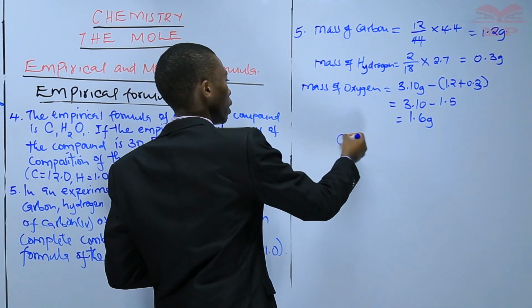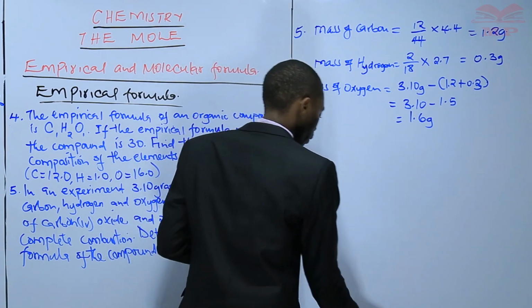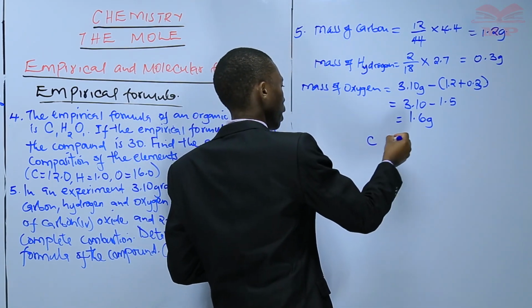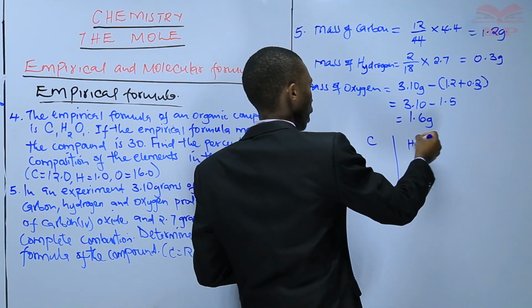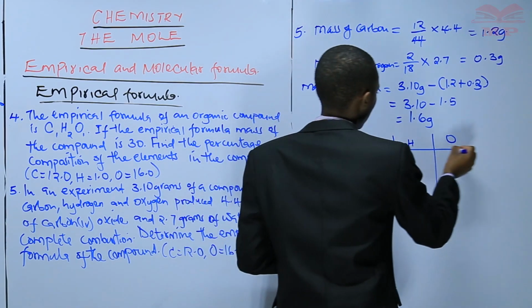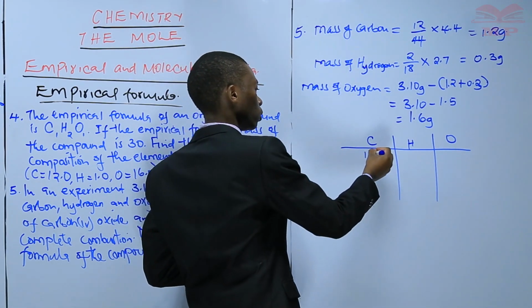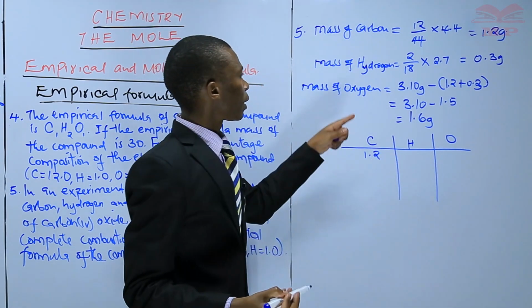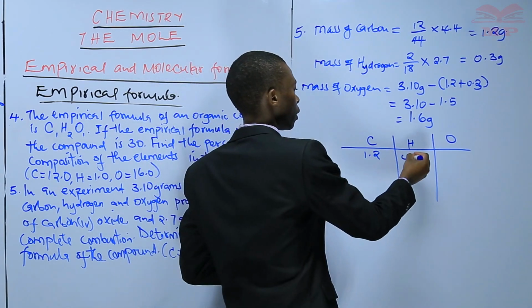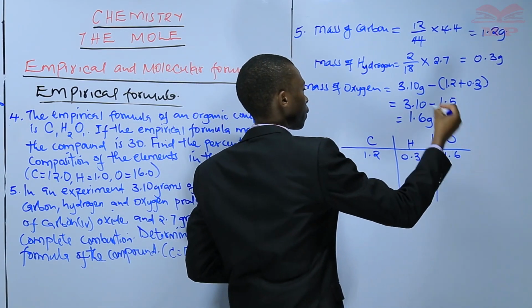Now, to determine the empirical formula of the compound, it has carbon, hydrogen, and oxygen elements. The mass of carbon is 1.2, the mass of hydrogen is 0.3, and the mass of oxygen is 1.6.